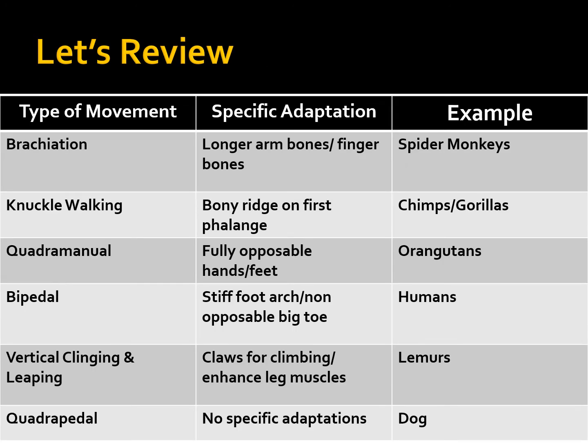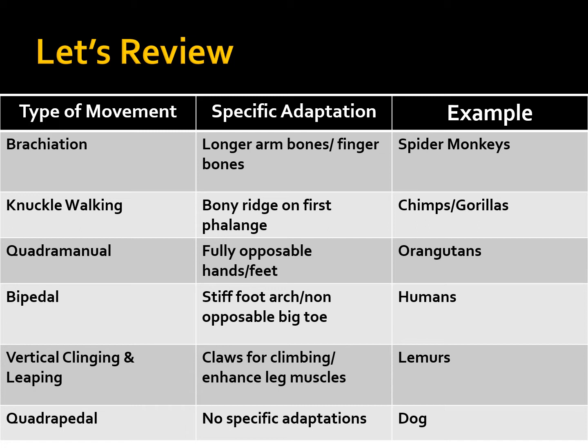If we review some of the types of movement, we have brachiation, knuckle walking, quadrimanual locomotion, bipedal locomotion, vertical clinging and leaping, as well as quadrupedal. For the specific adaptations, for brachiation we see very long arm bones as well as finger bones. For knuckle walking, we see a bony ridge on the first phalange of each finger, showing that they're putting all their weight on their knuckles.